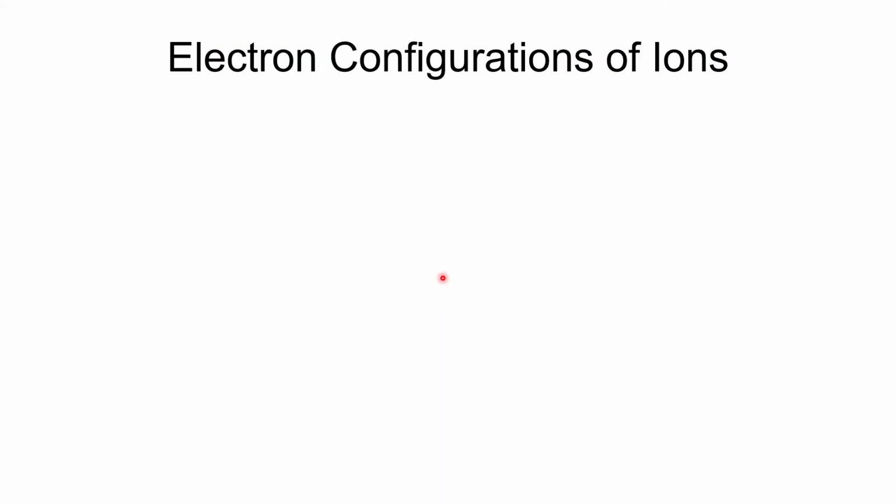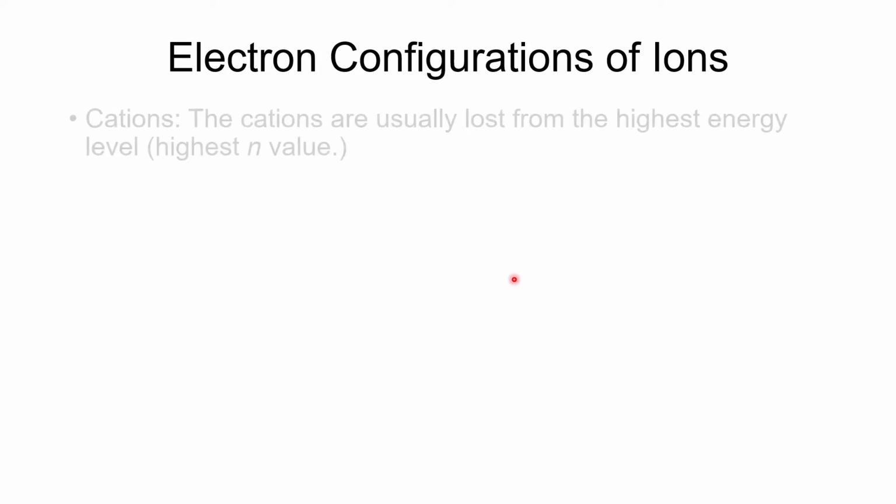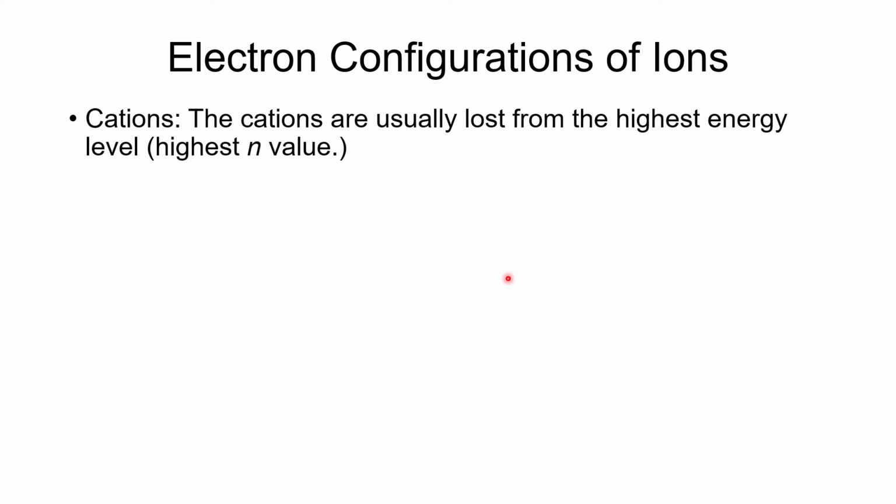So next we want to look at the electron configurations of ions. For cations, when we remove electrons, we're usually going to lose them from the highest energy level. Even though sometimes we don't add them in the same order, we always remove them from the highest energy level.